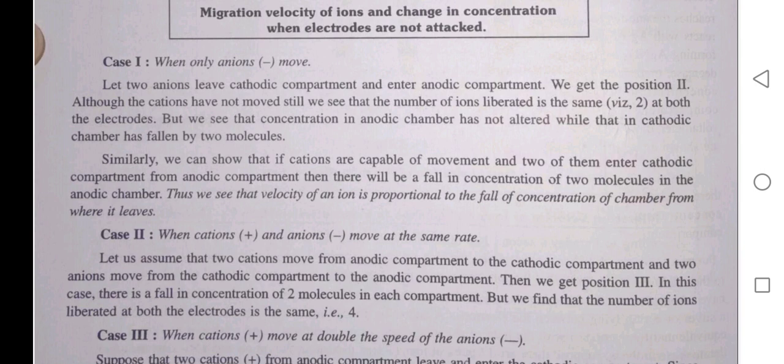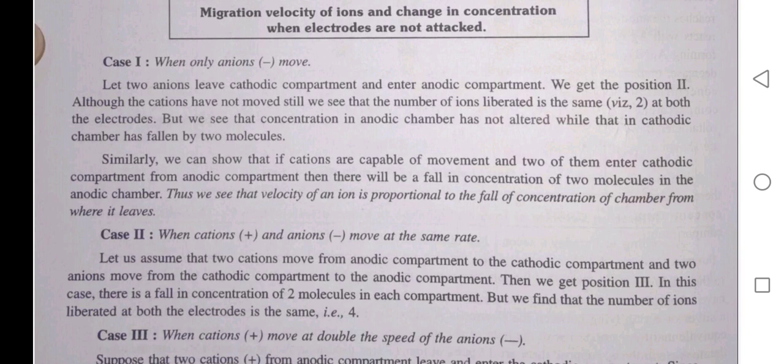Although the cations have not moved, we see that the number of ions liberated is the same, 2, at both the electrodes. But we see that the concentration in the anodic chamber has not altered, while that in the cathodic chamber has fallen by 2 molecules. Similarly, we can show that if cations are capable of movement and two of them enter the cathodic compartment from the anodic compartment, there will be a fall in concentration of two molecules in the anodic chamber.